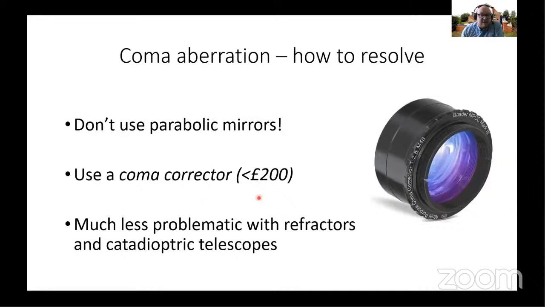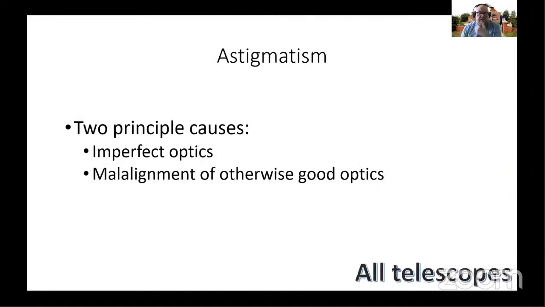And for reflecting telescopes, these are typically in the order of just under £200. Coma is much less problematic with refractors and SCTs and Maksutovs, but it is a feature if you look hard enough.